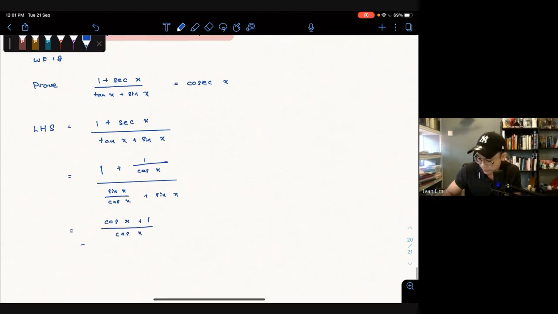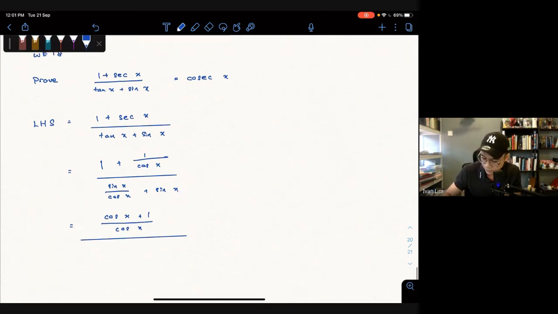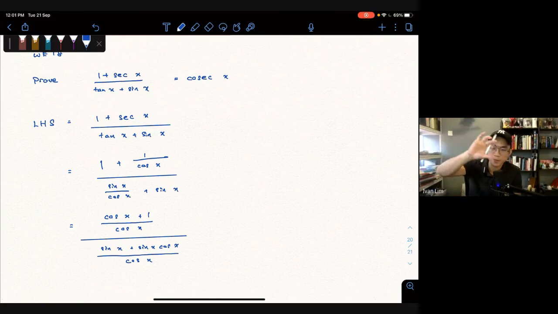The bottom, I also make it over cos x only, so it will be sine x plus sine x cos x over cos x. Can you see? On top, make it 1 fraction; at the bottom, make it 1 fraction.